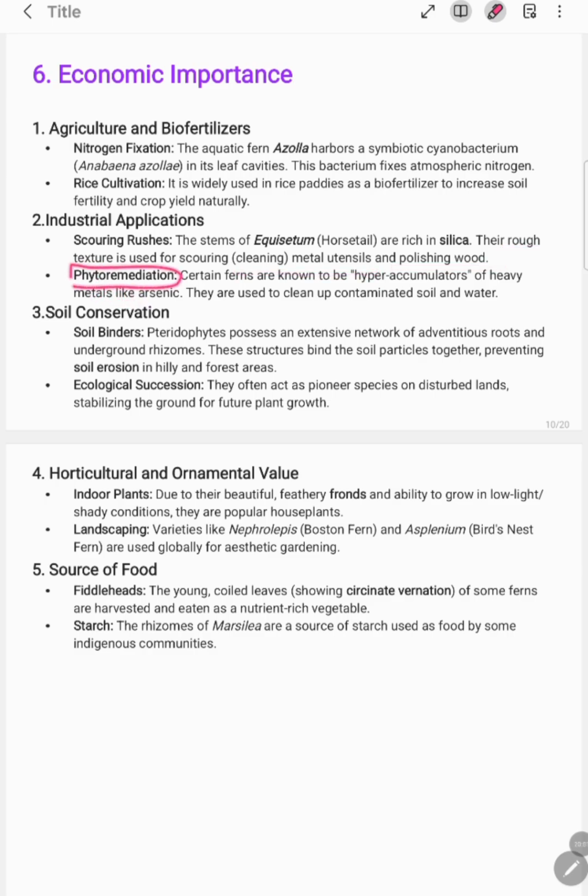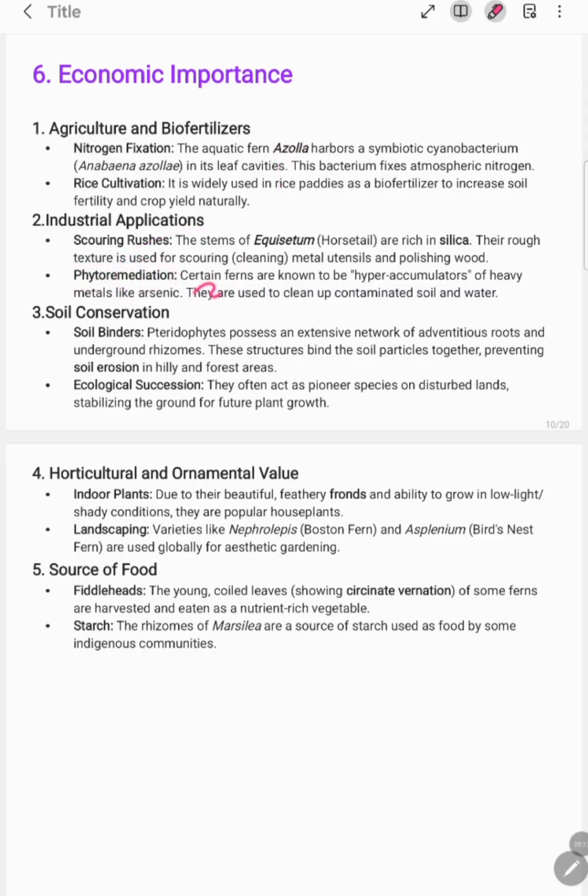Now the phytoremediation. See, what does the term phytoremediation refer to? Phyto refers to the plant, meaning with the help of plants we are getting eradication of a particular thing.